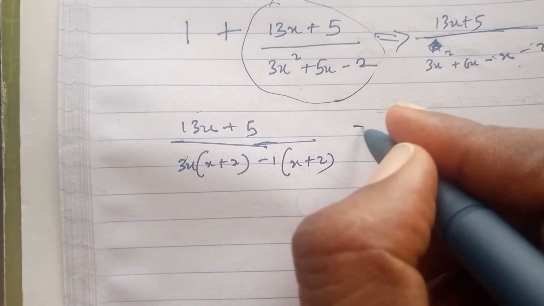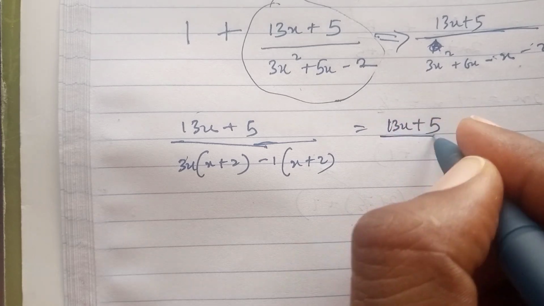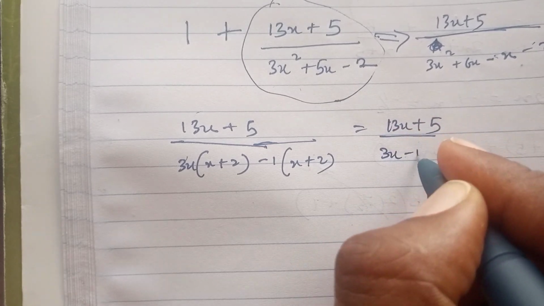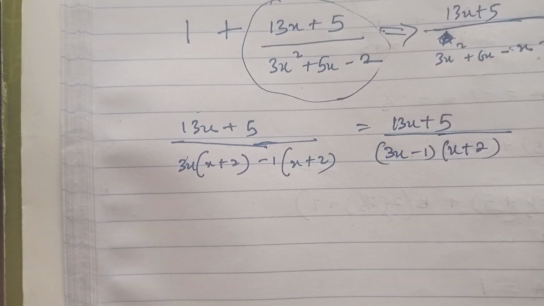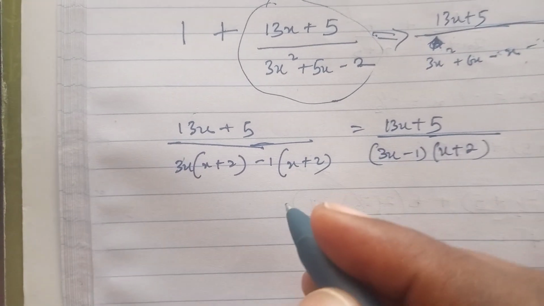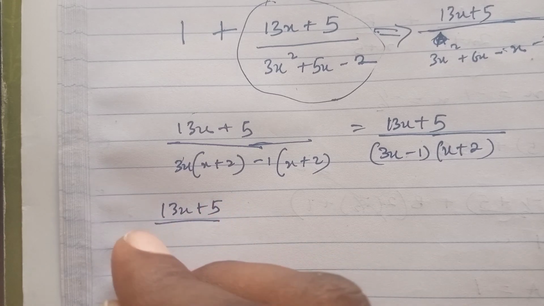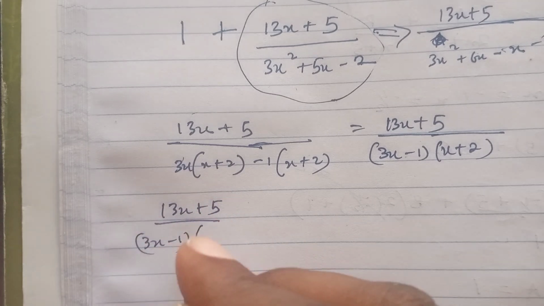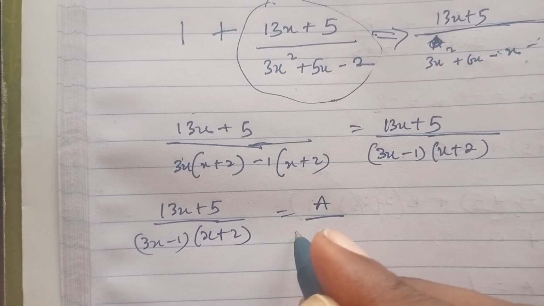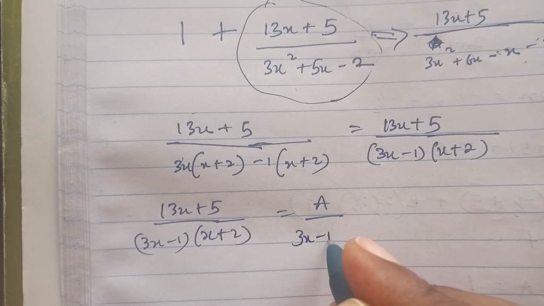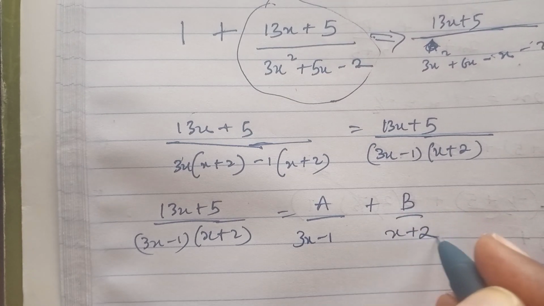So this can now be written as 13x plus 5 over 3x minus 1 and x plus 2. All right, so finally 13x plus 5 over 3x minus 1 times x plus 2 is written as A over 3x minus 1 plus B over x plus 2.